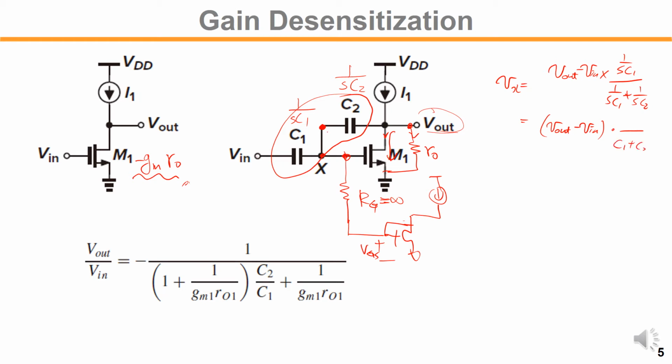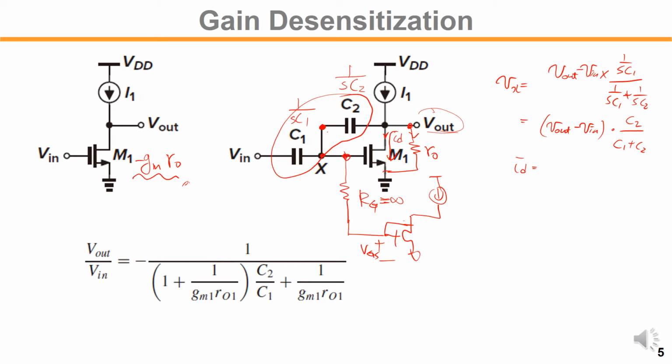C1 plus C2, right? Once we identify the current through M1, let's say ID, that ID would be what?